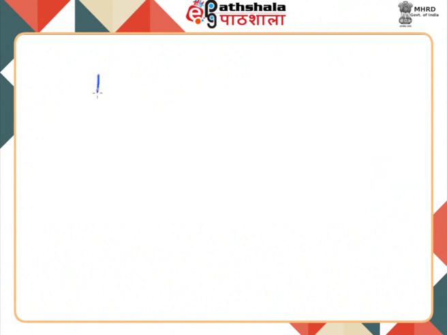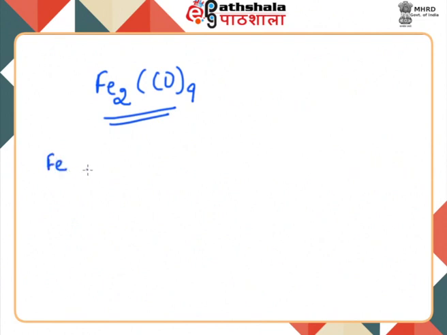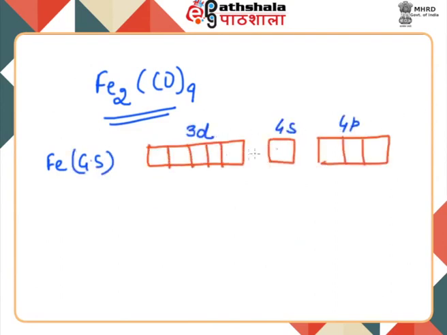Let us try to understand the structure of di-iron nonacarbonyl. And if we see the valence shell electronic configuration of iron in the ground state, what we find is that it is 3d6, 4s2 and 4p0.